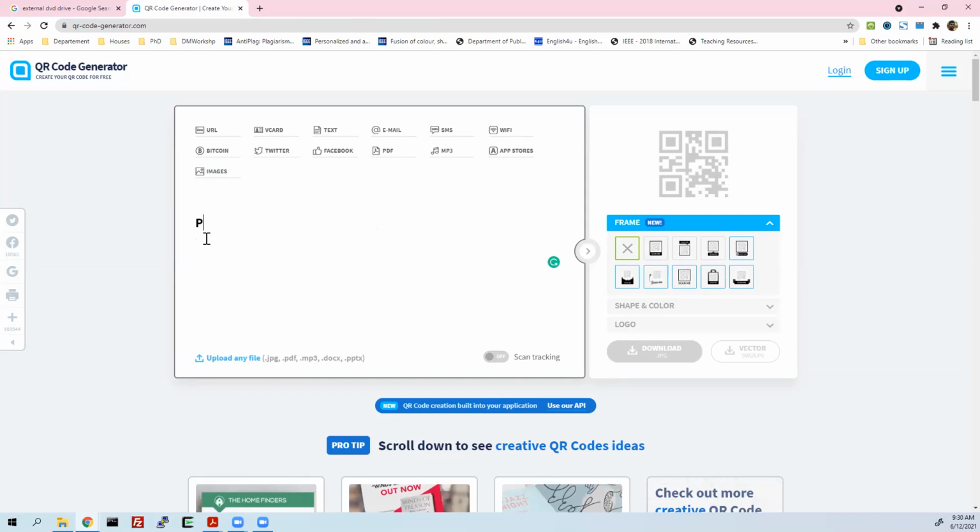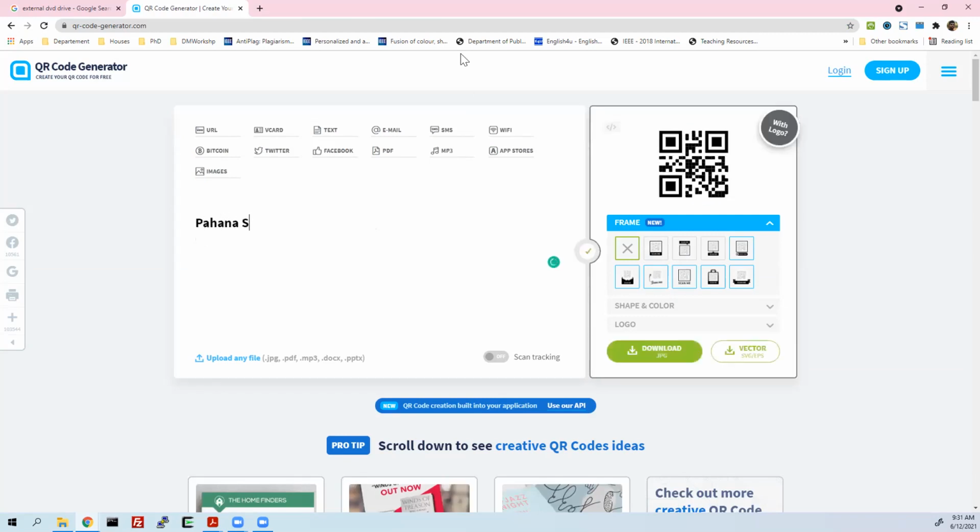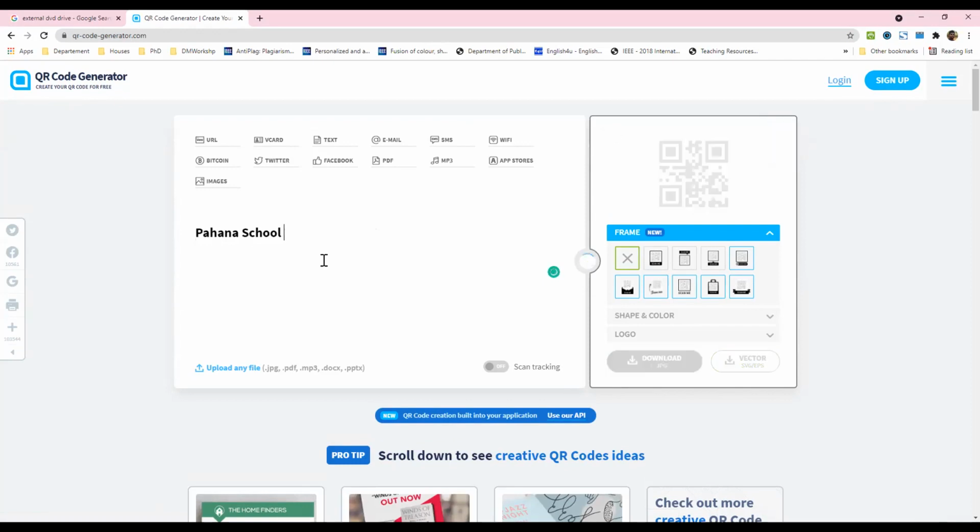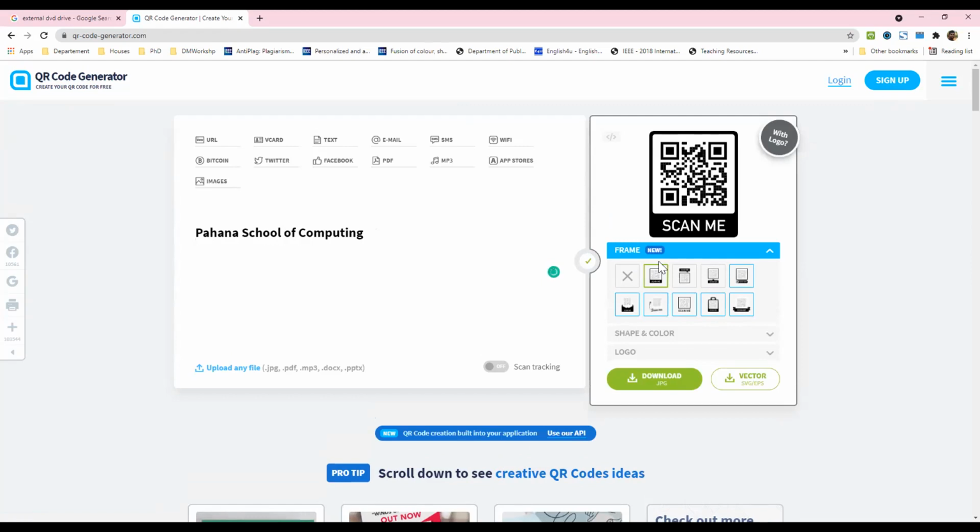So for example, yes. Right. You can have frames if you want. You can have scan me.